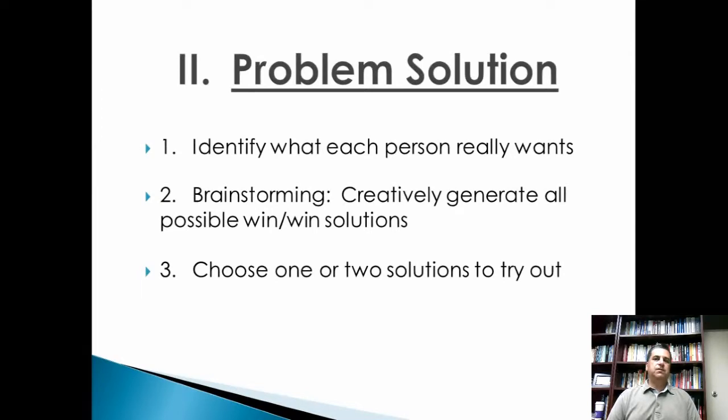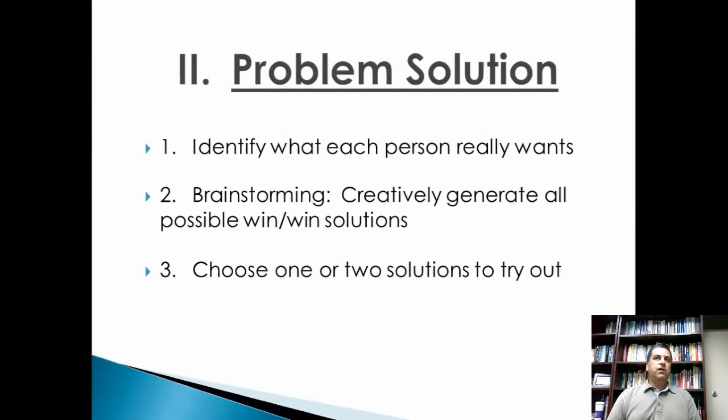The first step is to identify what each person really wants. Do I really want to renew season tickets to the Ducks? Does my wife really want to not have me renew season tickets? So what I notice is that what I really want is to bond with my wife and bond with my kids and have a new experience with them that I did not have growing up that's much more satisfying.